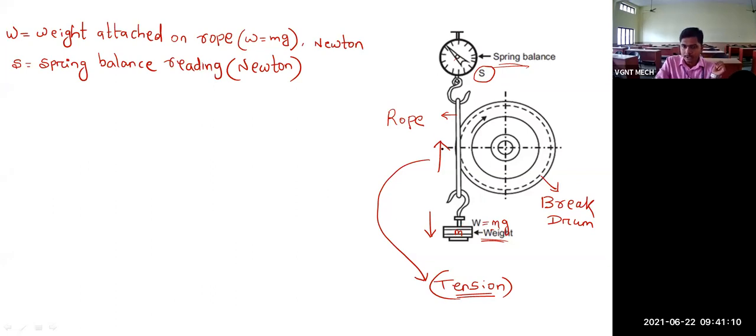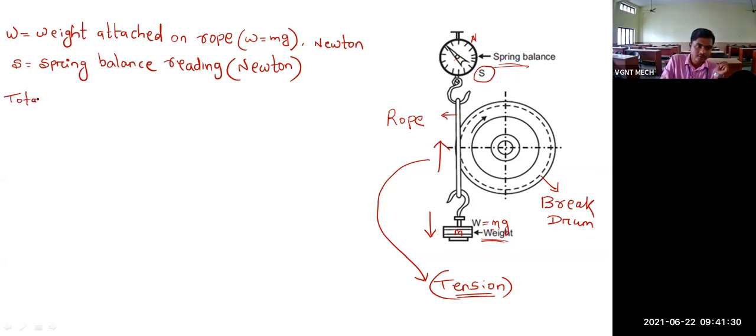For this upward force, we have attached a spring balance. Here some readings are there, and these readings are in Newton. From the spring balance reading, we can calculate this upward force. So what is the total force applied?